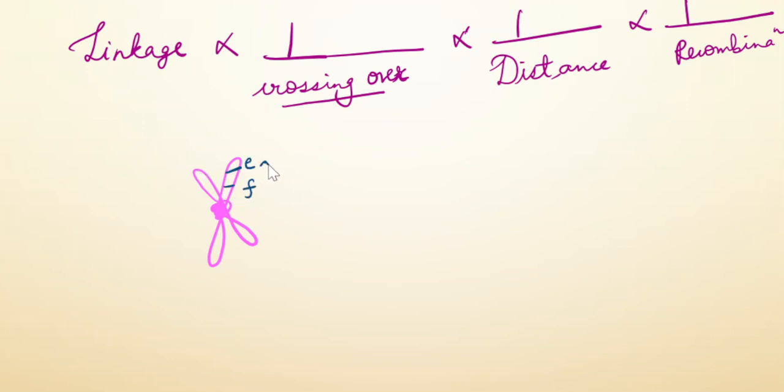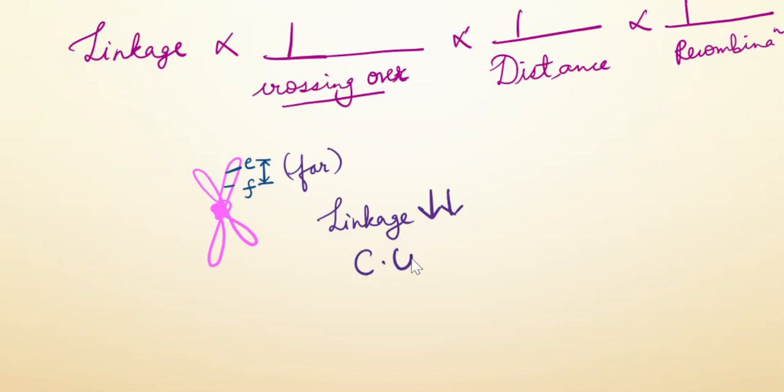Now if you can see, these two genes are very far from each other. I will write far apart. So if they are far, means what? Linkage is less. If the linkage is less, means crossing over will be higher.